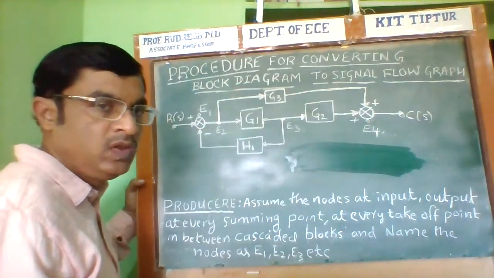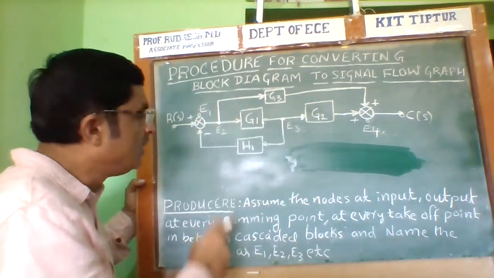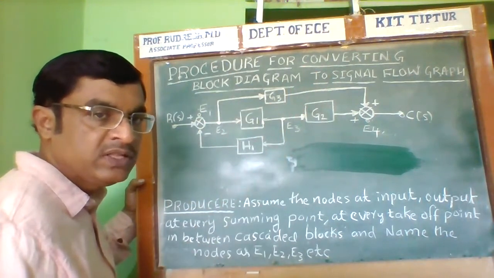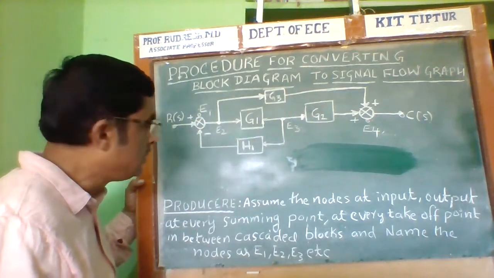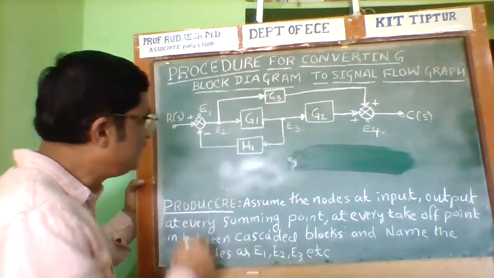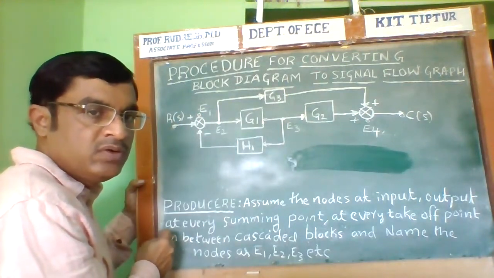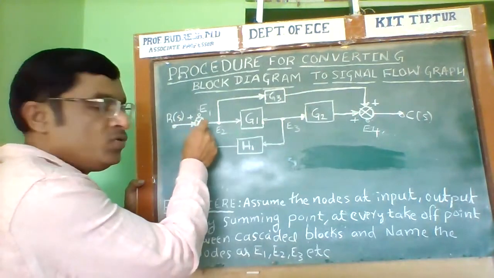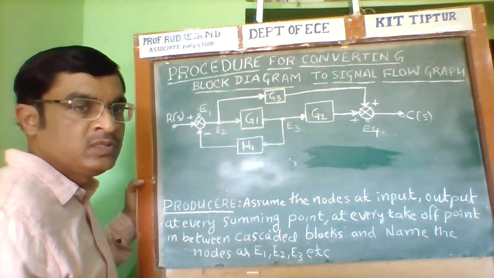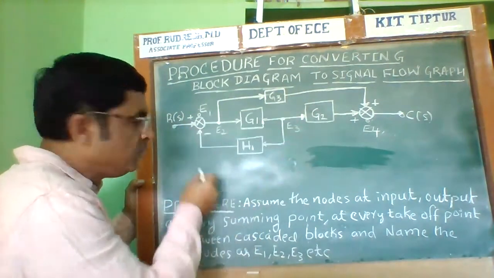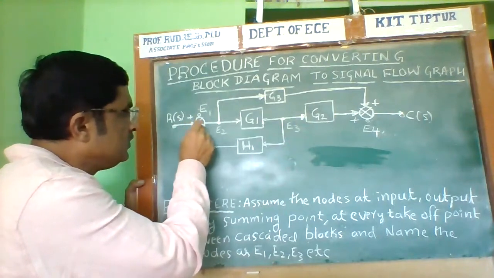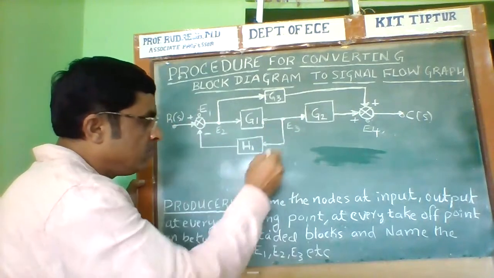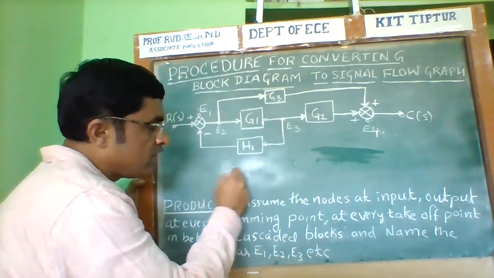Now, after naming, the next step is to identify the main forward path. From the block diagram, identify the main forward path and the gain between the nodes, and then join the nodes and mention the gains. After assuming, we need to draw these nodes as small circles.